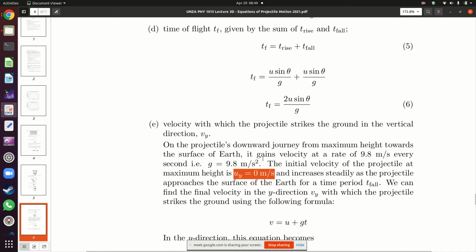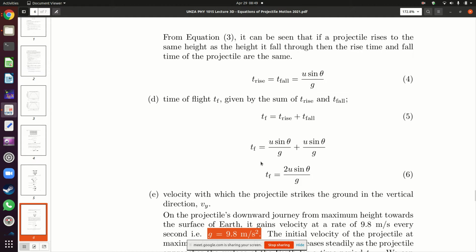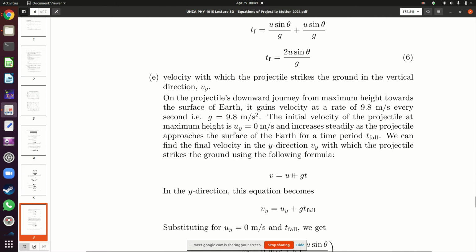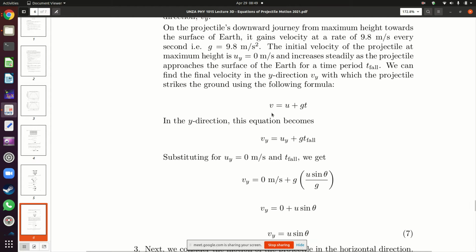Then as it moves towards the ground, its velocity increases by 9.8 meters per second. The other thing is we know how much time it's going to take the projectile to fall. T4 is u sin theta divided by g. So using the initial velocity at maximum height, the acceleration, and also the fall time, we can use this equation.